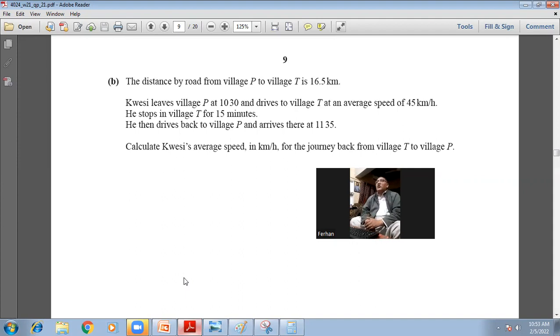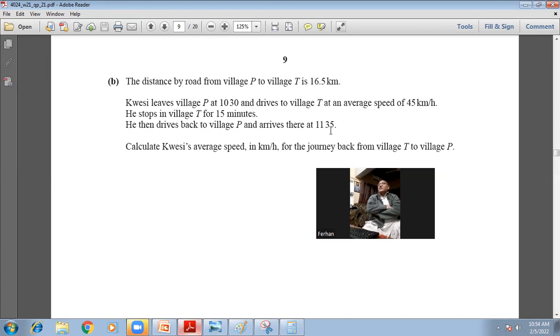Okay, so when they started from the P, the time was 10:30. When they are back, that's 11:35, and they have stopped there for 15 minutes. So from 11:35, first of all, I will subtract 10:30. Whatever time I get, I will subtract a further 15 minutes from it, and that will give me the actual journey time.